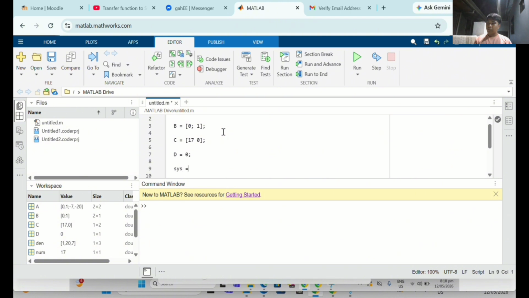Next, let's put sys is equal to ss for state space model, parenthesis A, comma, B, comma, C, comma, and D. And don't forget our semicolon.